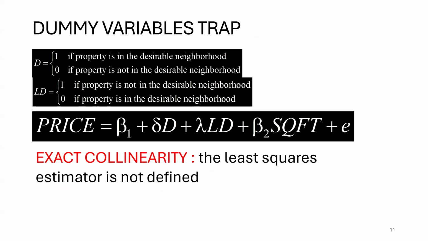For example, you have one dummy variable that says this is MRT, but you also add another dummy variable that says this is not MRT.